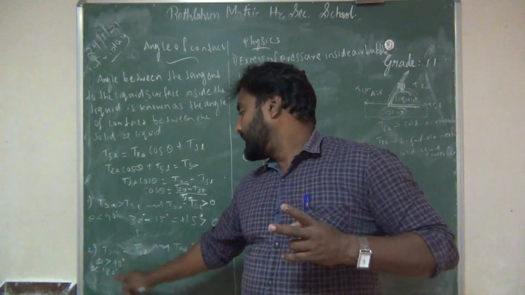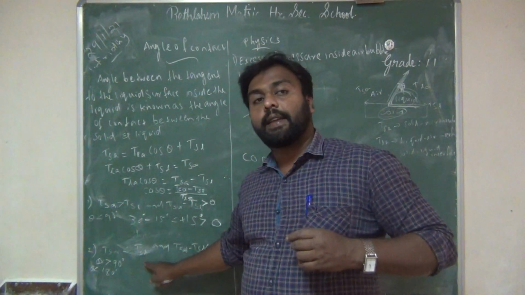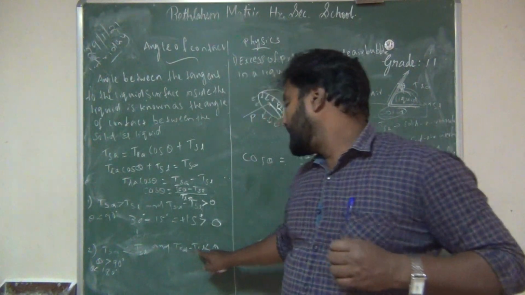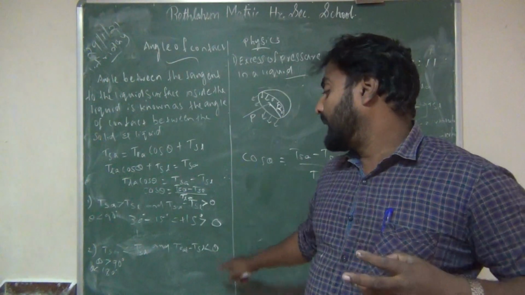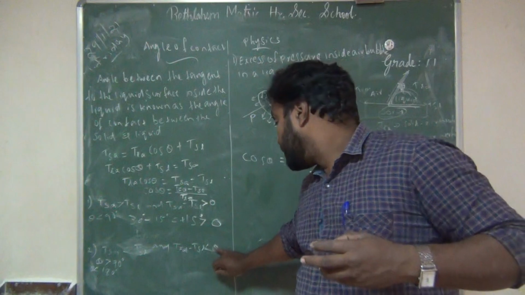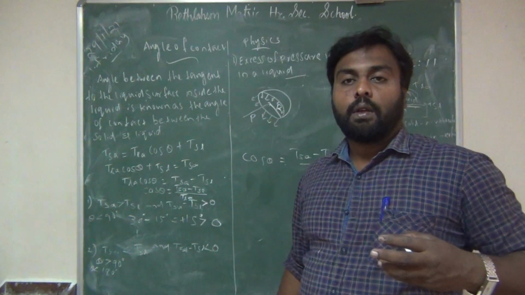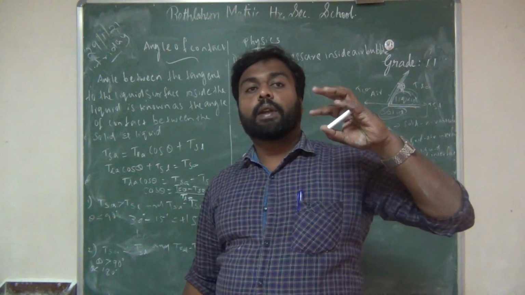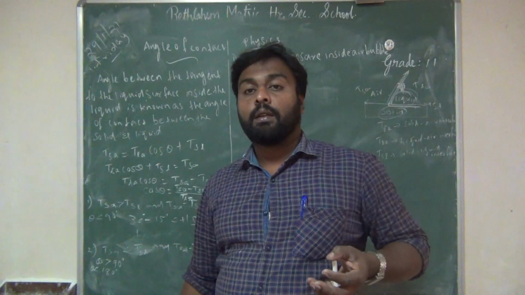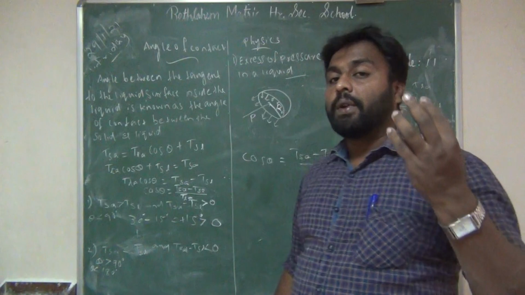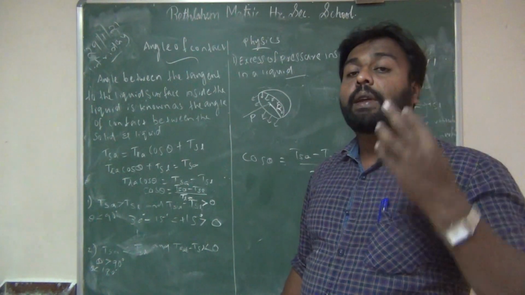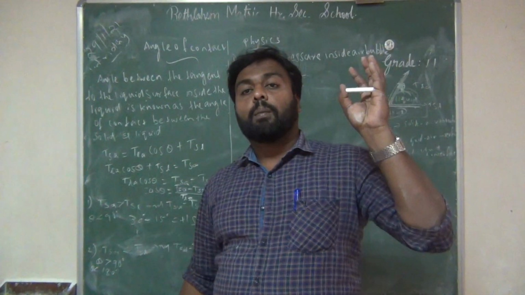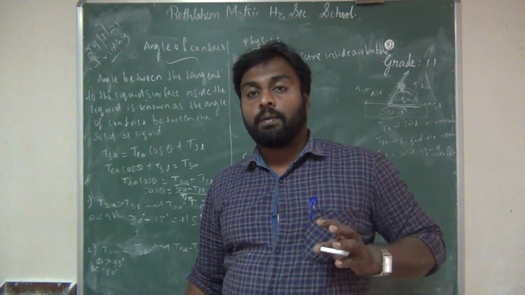Now the second case is TSA is less than TSL, and TSA minus TSL is less than 0. It means we will get an obtuse angle for this theta value, and also a negative value.